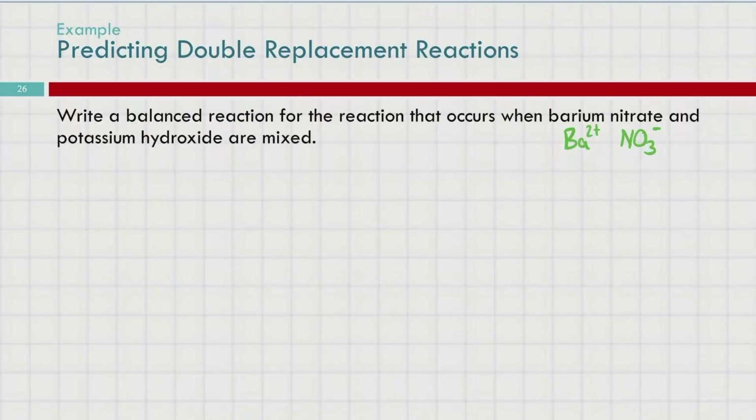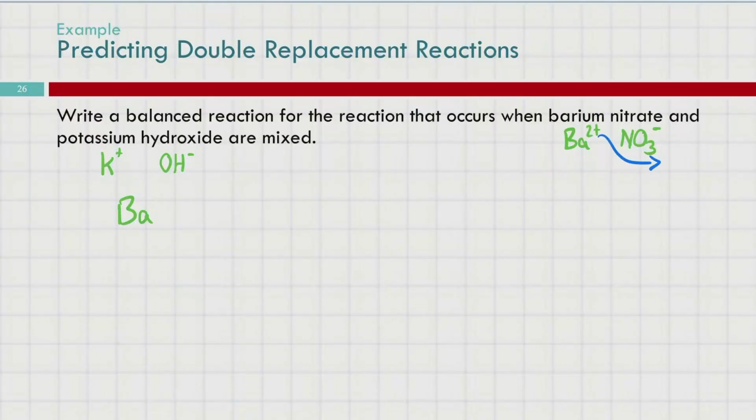Then we've got potassium hydroxide. Potassium is K. It'll form a 1+ ion. And hydroxide is OH with a 1- charge. So those are our two reactants. We need to figure out what those compounds are.